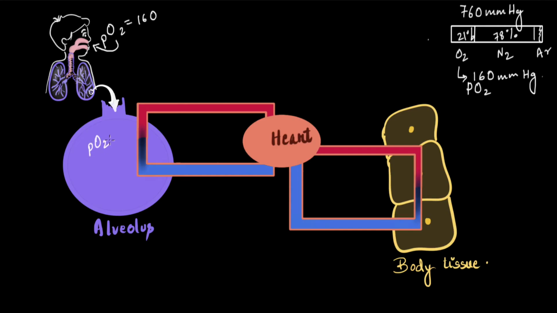Pressure of oxygen here is just 104 millimeter of mercury. And guess what would be the partial pressure of carbon dioxide? It increases to 40 millimeter of mercury. It was just a trace amount outside, somewhere around 0.3 millimeter of mercury. Interesting, right? And the reason behind this changed partial pressure of gases is also very interesting.